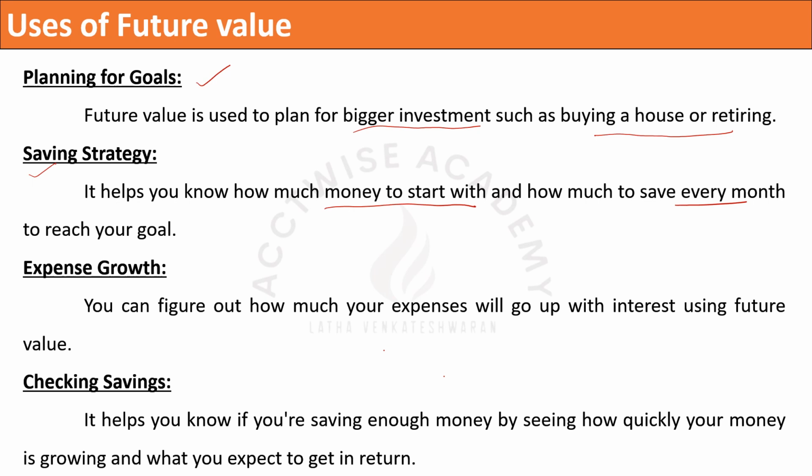See, you want to buy a new model phone that costs rupees 50,000. Let us consider that. And that is yet to be released. Future value is like figuring out how much money to put in your phone fund at the start, and deciding how much to add every month or week.